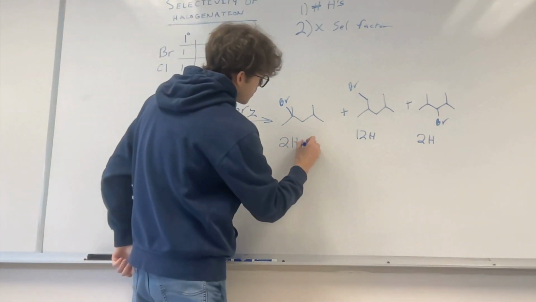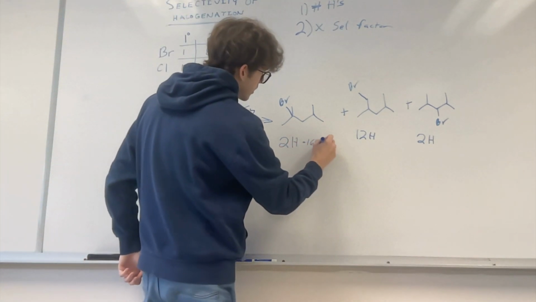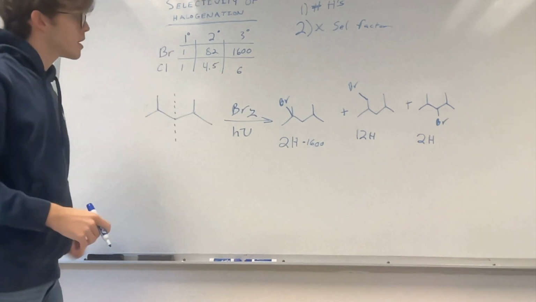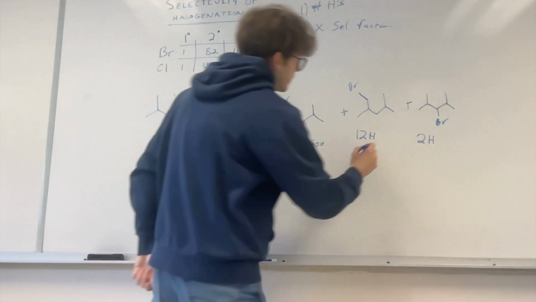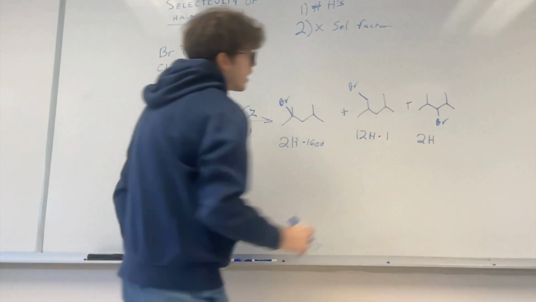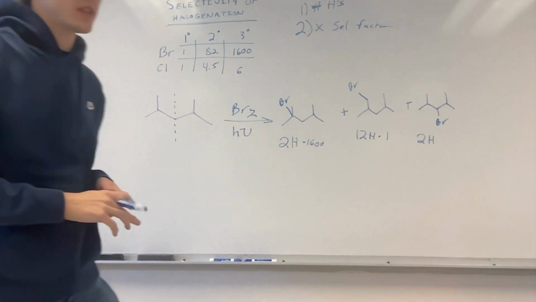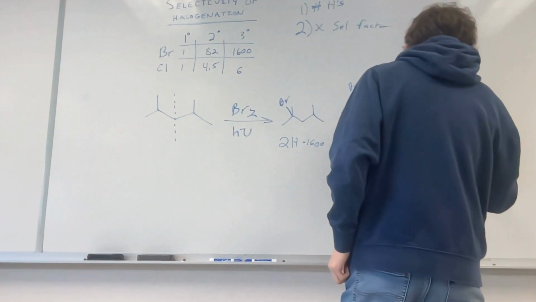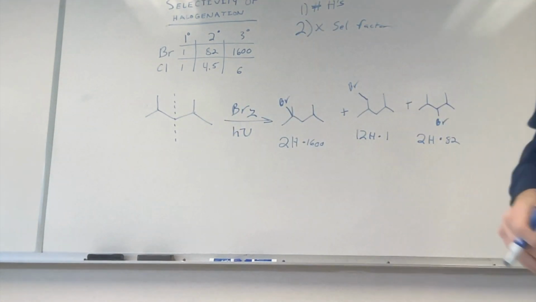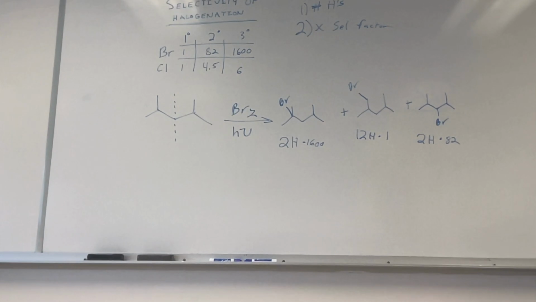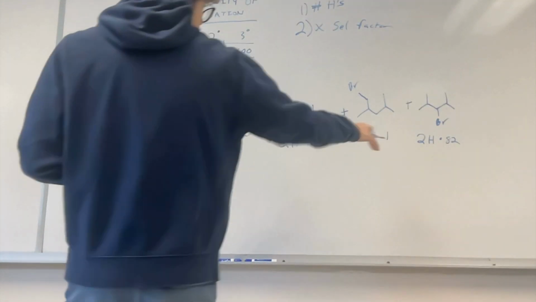We multiply it by 1,600. For primary, again, just 1. And then for our secondary, we have a selectivity factor of 82. And let me grab my calculator quick so we can get the sum of these.